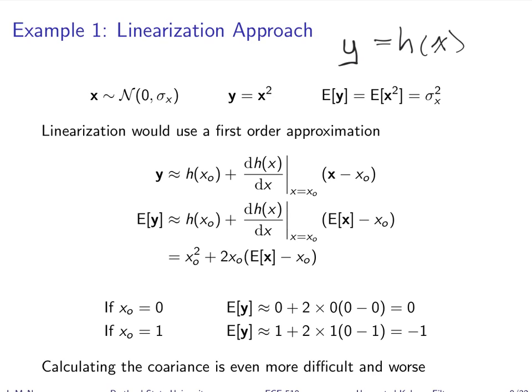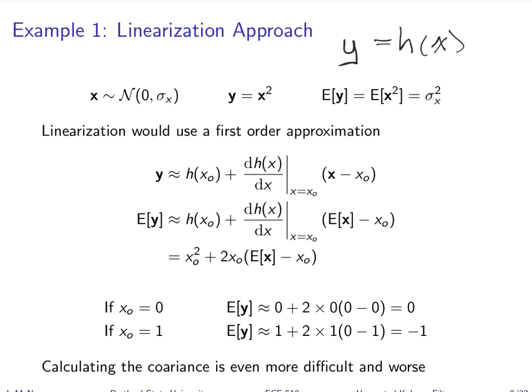So if we did linearization, then y would be equal to h at whatever value we're evaluating this at, h of some value x naught, plus the derivative times the difference between the value at which we want to generate the estimate and the point at which we're doing the linearization. This is just Taylor series approximation. The book formulates this a little bit differently, but it's equivalent.